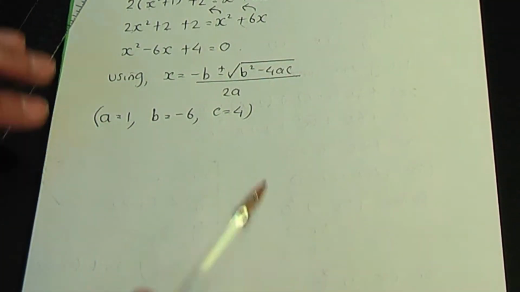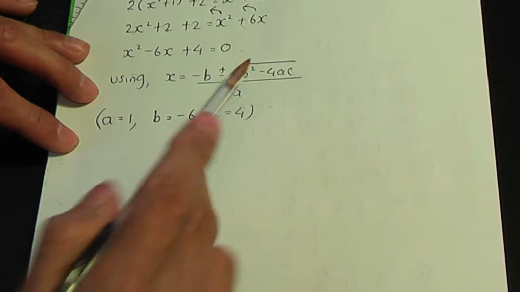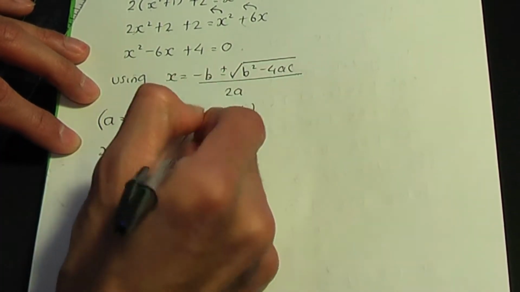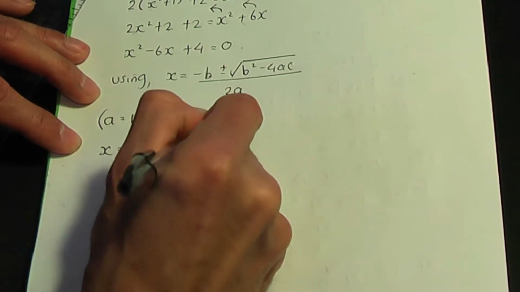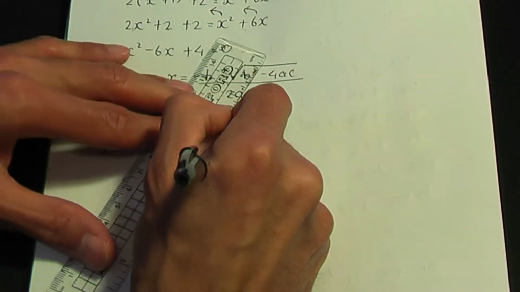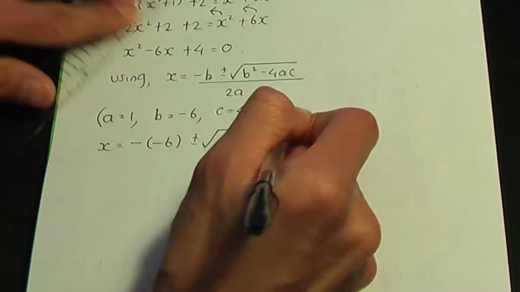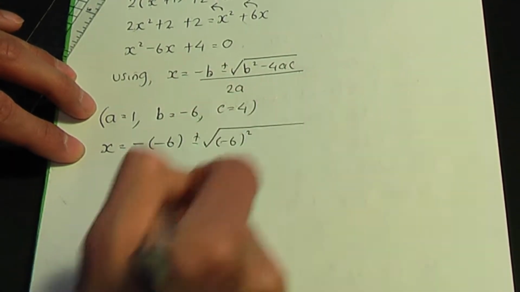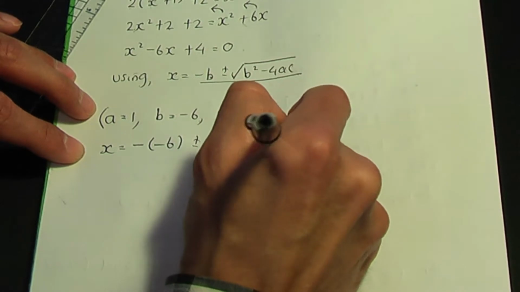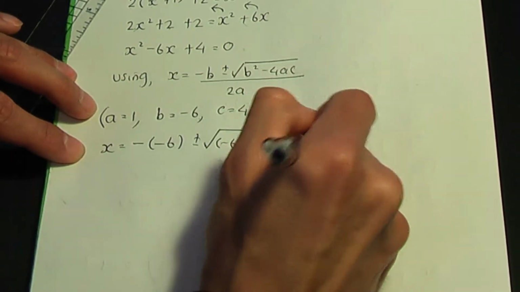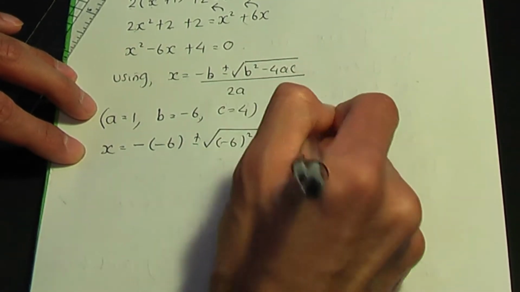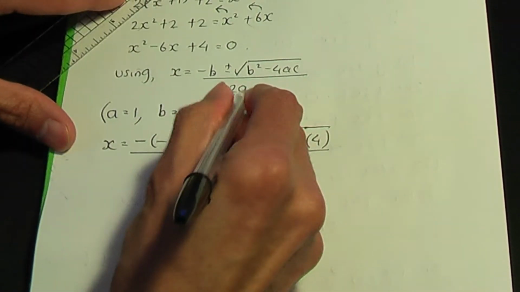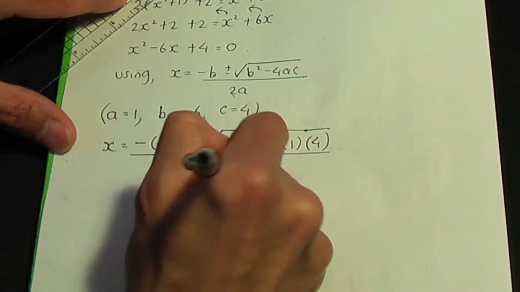So with these values in mind, let's substitute them into the formula, giving us x is equal to minus b, b is minus 6, plus or minus square root of b, which is minus 6, don't forget the squared, minus the 4, a being 1, c being 4, divided by 2 into a, which is 1.